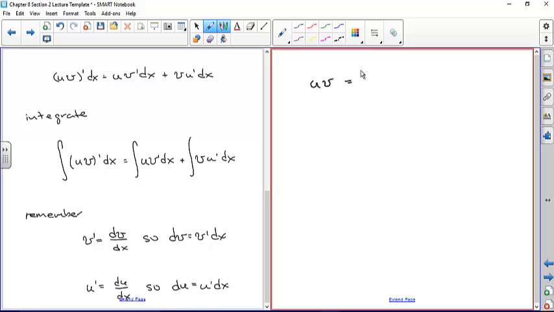The second term becomes the integral of u dv, and the third term becomes v du.